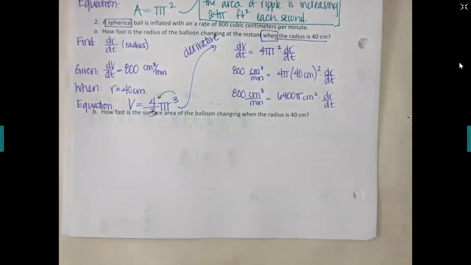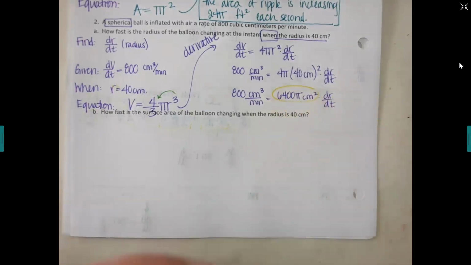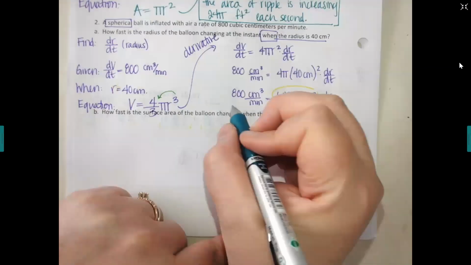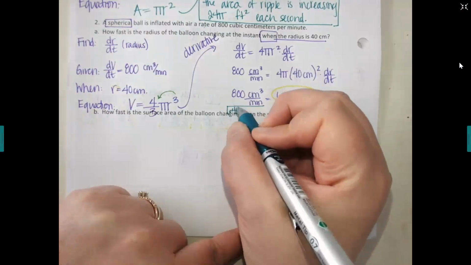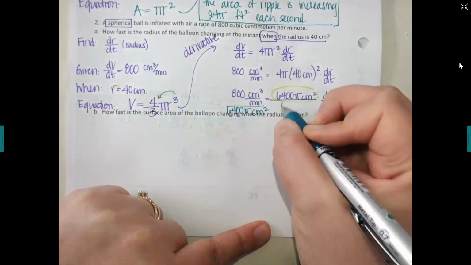From here, I want to solve for dr/dt. How do I get rid of this coefficient? How do we get rid of this if it's multiplied with the dr/dt? We're going to divide it. So divide by 6,400 pi centimeters squared on both sides.